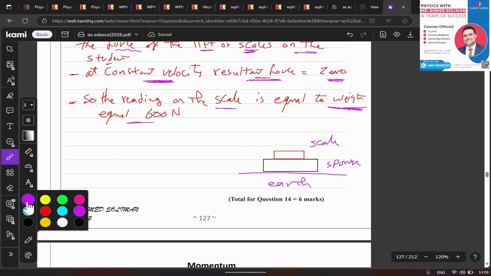Then you stand on the scale. When you stand on the scale, what happens? You will squash or compress the sponge, right? Now what happened? You have the normal force, and also you have an elastic force from the sponge upward, right? If you press the sponge, the sponge will want to what? Like a trampoline.